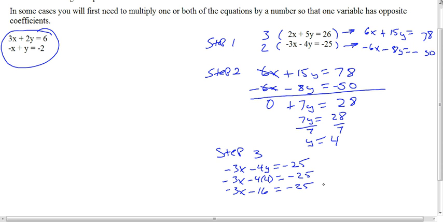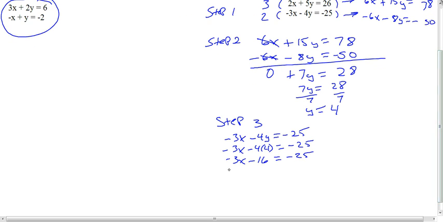And when I add 16 to both sides, let's go right ahead and do that. That's going to be negative 3x minus 16 plus 16 is equal to negative 25 plus 16. We added because we're subtracting 16.